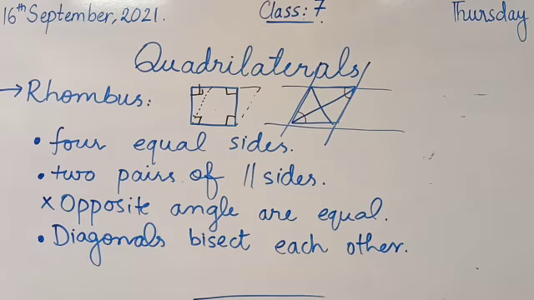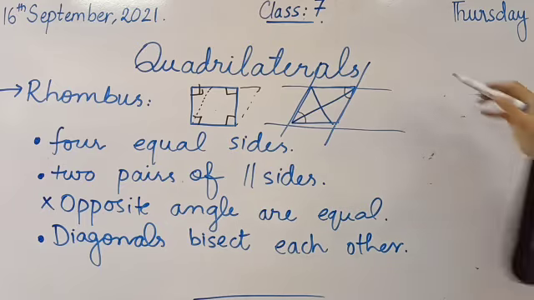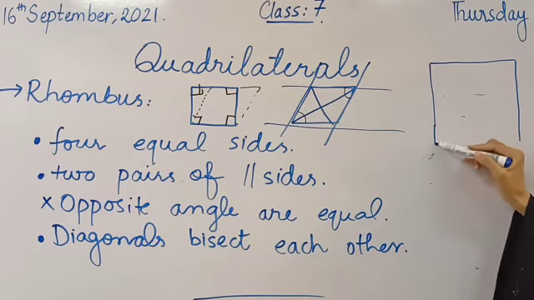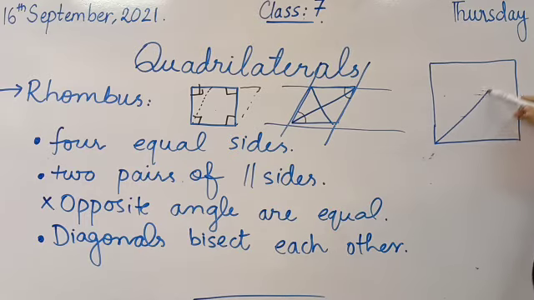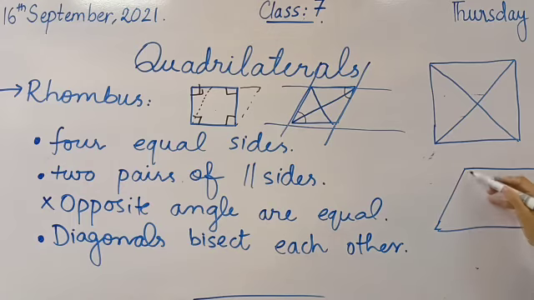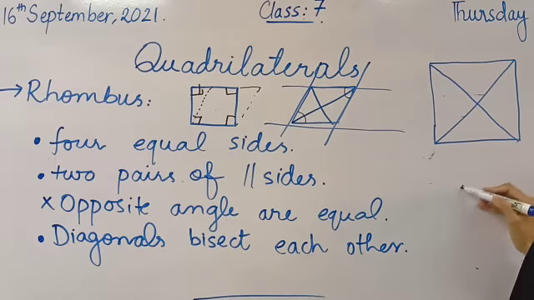I am drawing the diagonals of a square and a rhombus clearly so that you are able to observe it. Okay, observe the diagonals of a square. How do they bisect?